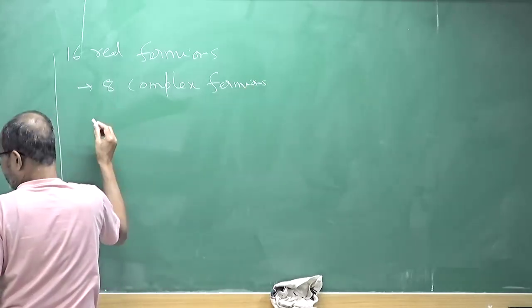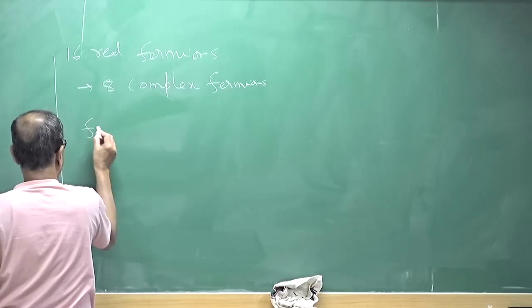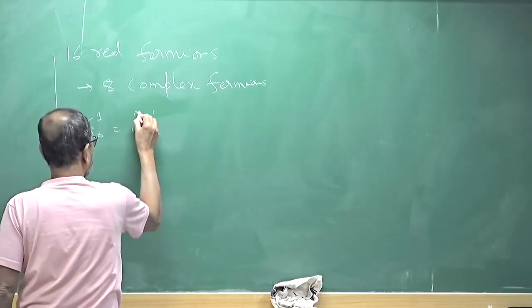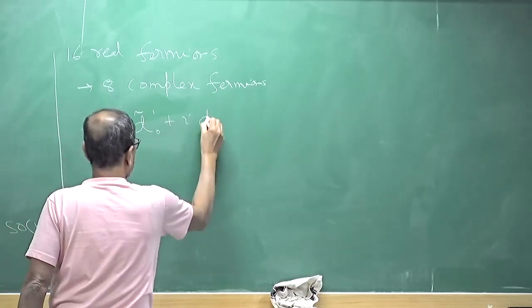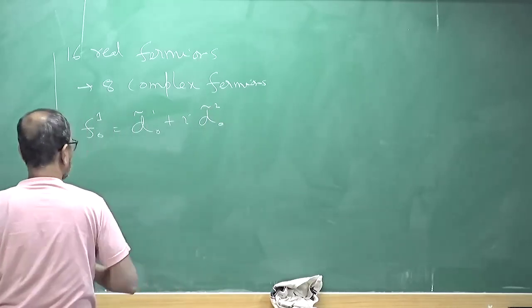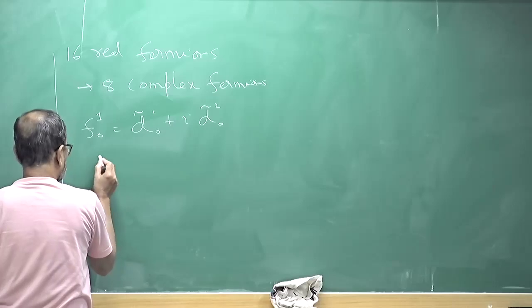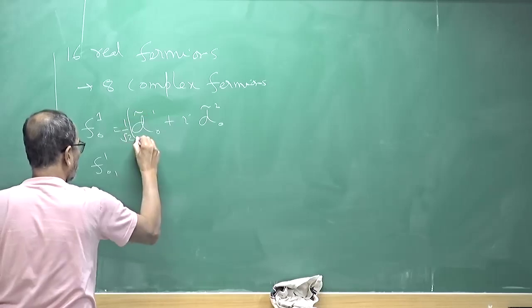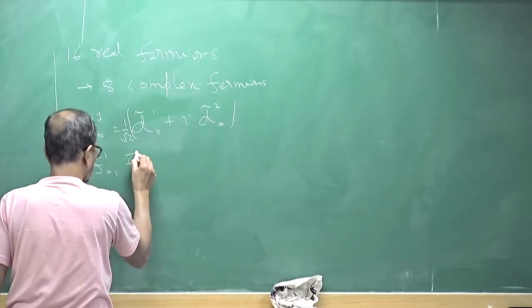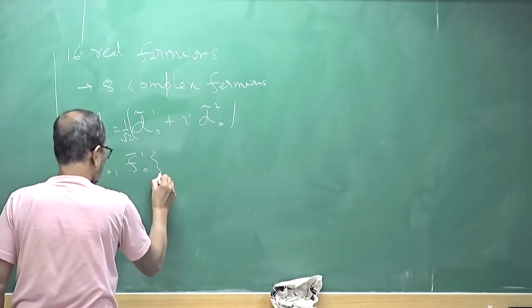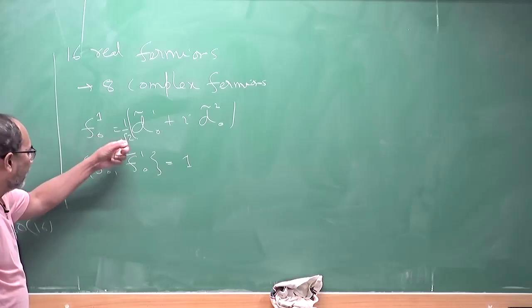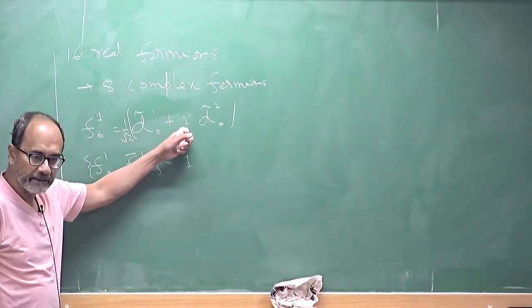Okay, so for example, we can take F1 0 as D1 0 plus i D tilde 1 0, with a 1 over root 2. Then F bar will have 1 over root 2 D1 0 minus i D tilde 1 0, right?